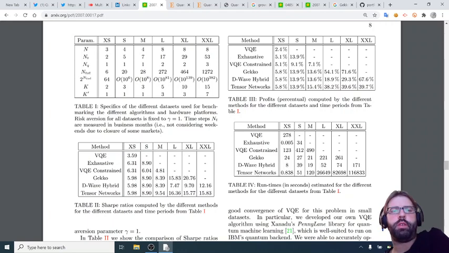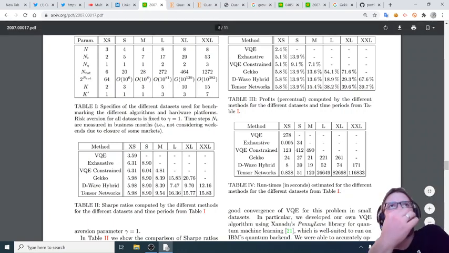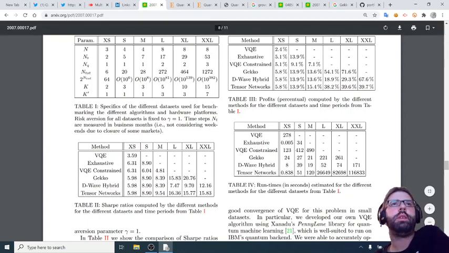It's funny because in the small problems, VQE seems to give even a better solution, doesn't it? Table 1 specifies specifics of different data sets. Okay, so that's what the XS and the XXL are.